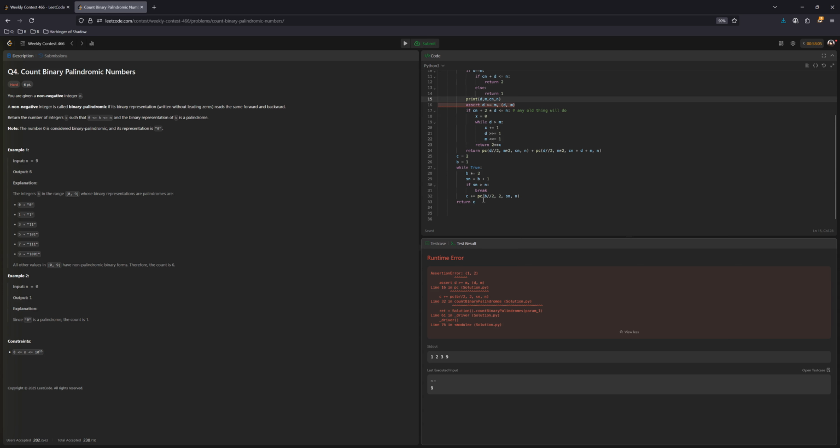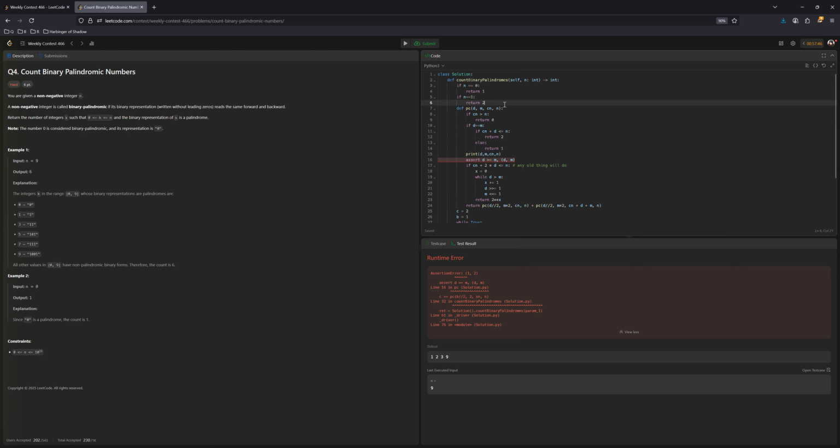I mean, there wouldn't be a recursion step. Would there? We're talking about a 2-digit number here, right? So 3 could also be... if n equals 3, it's not JavaScript.